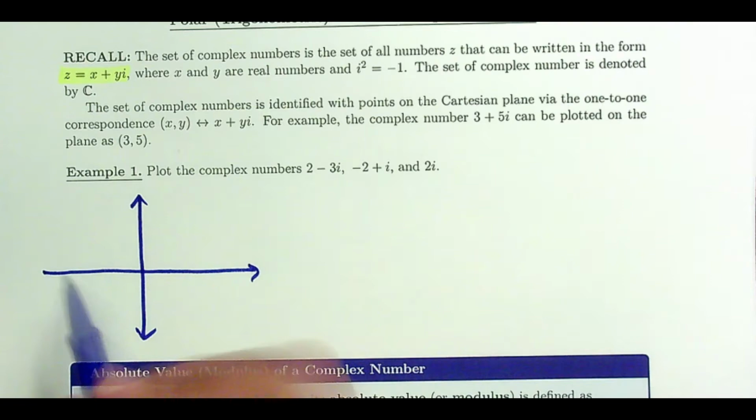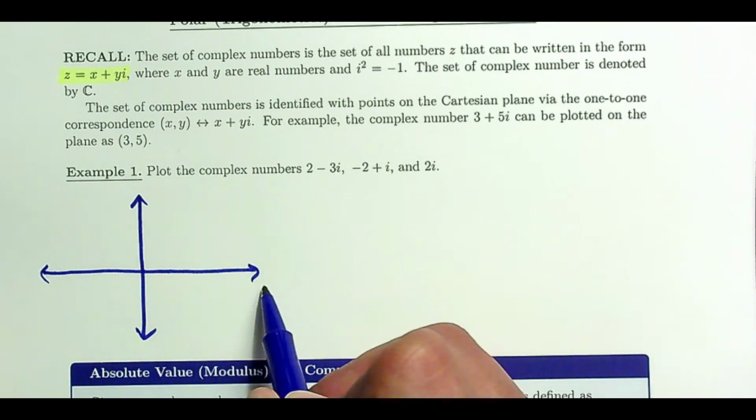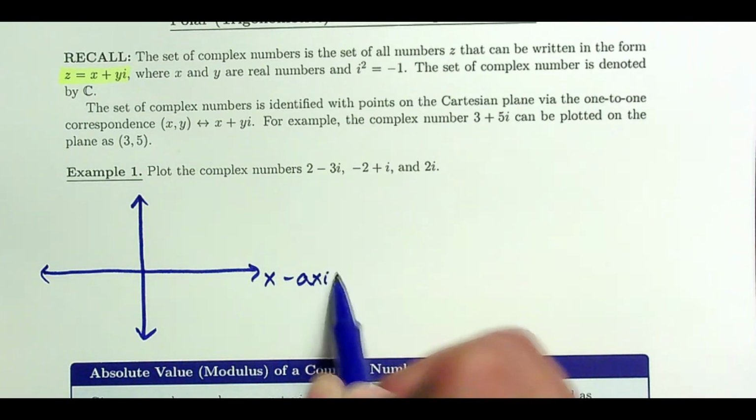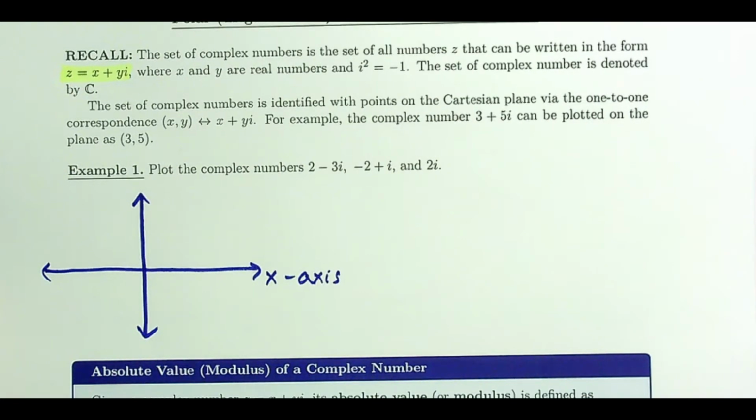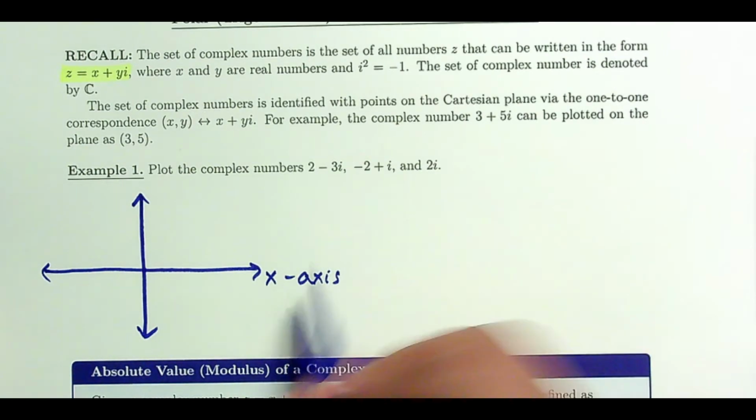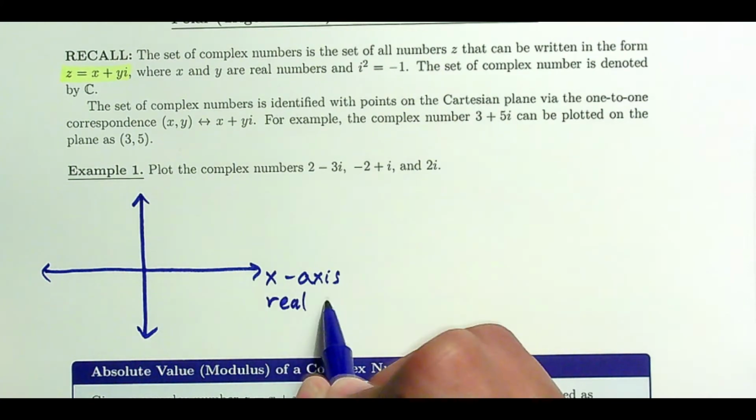Now, typically this is the x-axis. When we're thinking about using the Cartesian plane for plotting complex numbers, we usually call this, instead of the x-axis, the real axis.